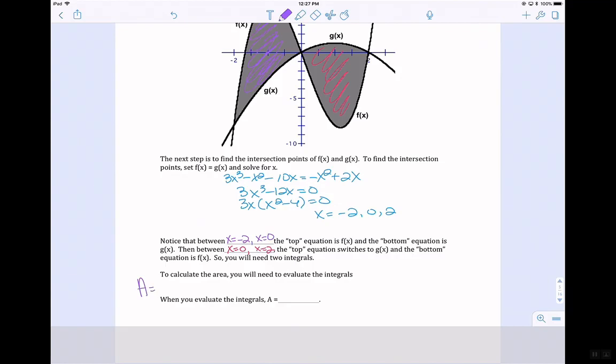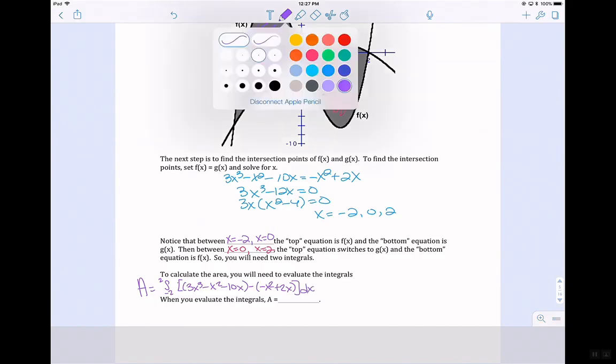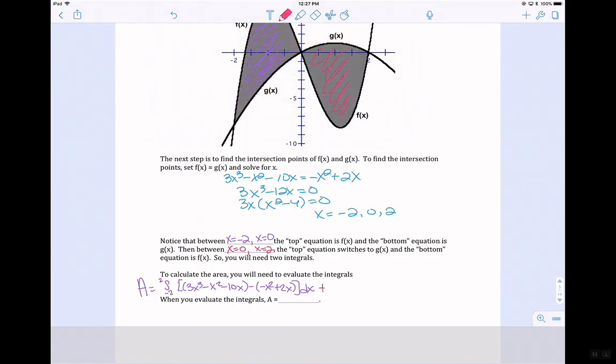My area is equal to, my first one, negative 2 to 2, and we are putting f of x on top. So 3x cubed minus x squared minus 10x, and then we're subtracting my g of x equation, which is negative x squared plus 2x, and then dx, and we are adding this to when it switches, and this should not be negative 2 to 2, it should be negative 2 to 0.